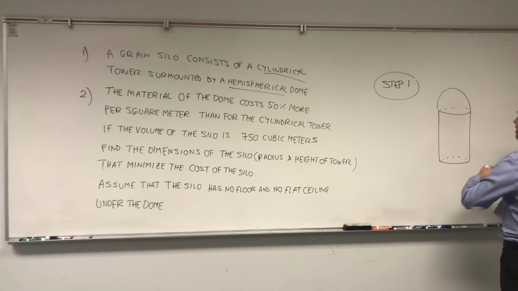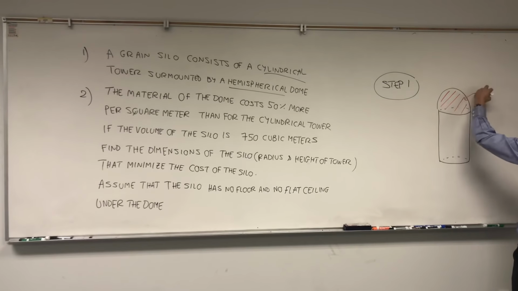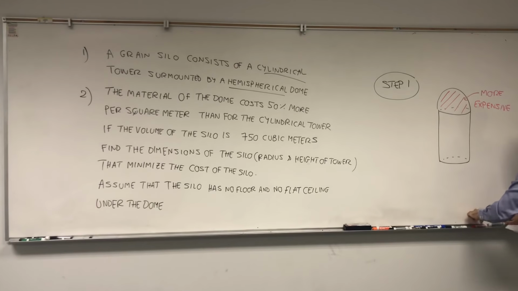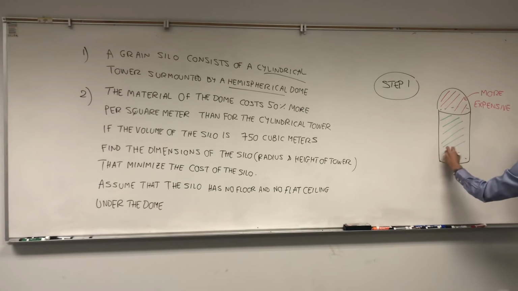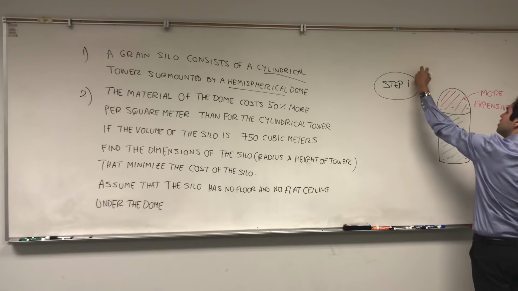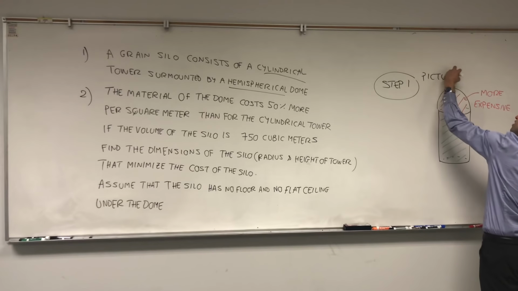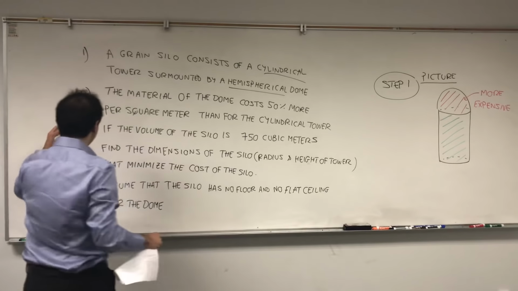But let's just write this on our picture, that this part is more expensive than the other part. So again, you have two things. We have the cylinder part and the dome part. And just know that the dome part is more expensive than the cylinder part. And again, the first step is the picture. Okay, that's already very good.